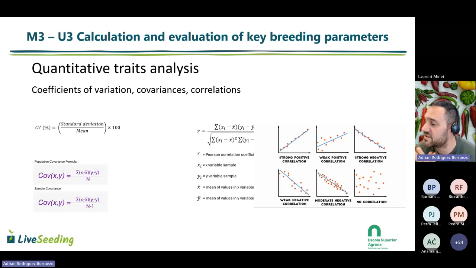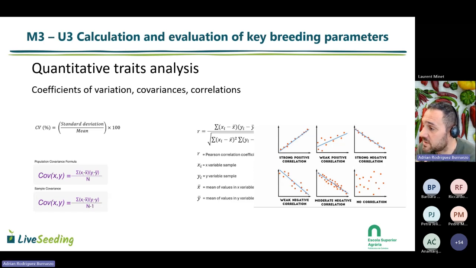Okay, coefficients of variation. It is also a simple way to estimate the diversity of a population. Instead of managing big numbers with the variance, geneticists and breeders of quantitative traits use the coefficient of variation as a percentage, and it is estimated by dividing the standard deviation, which is the square root of the variance, by the mean.